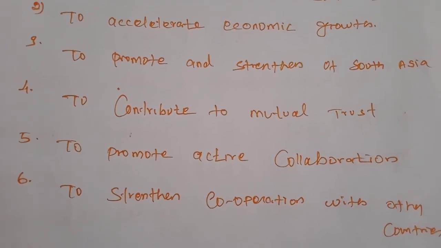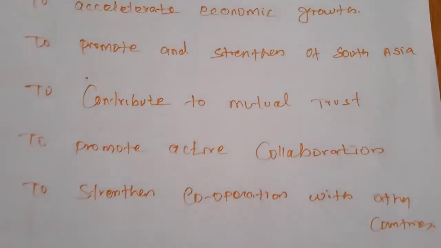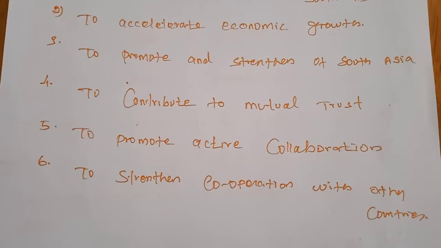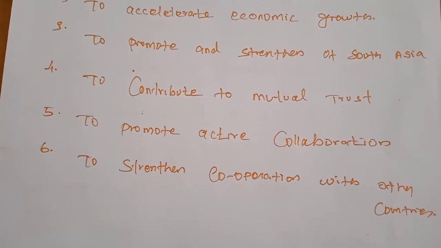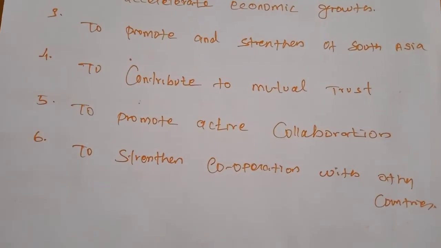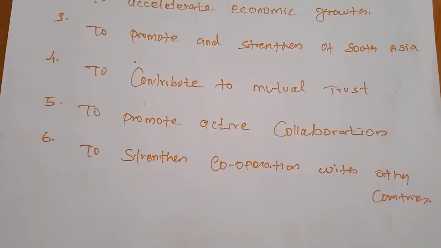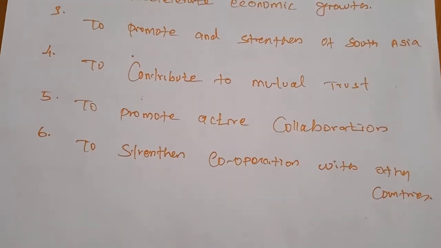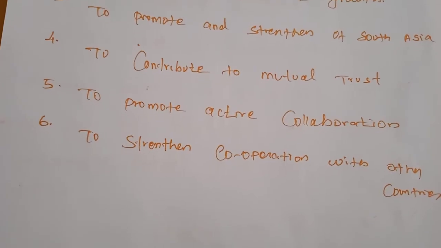After that, to strengthen cooperation with other developing countries. So the SAARC organization makes the member nations strengthen cooperation and dealings with other developing countries. Next, to strengthen cooperation among themselves in international forums on matters of common interest.